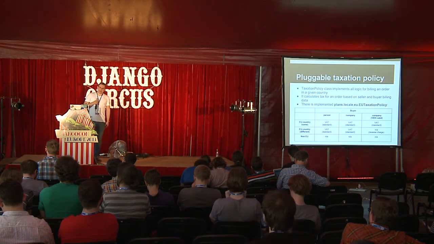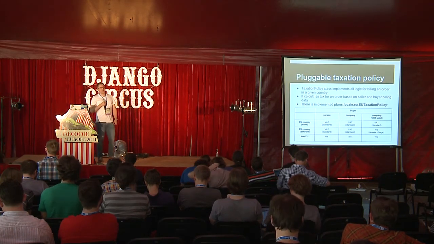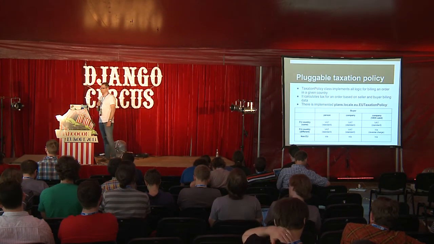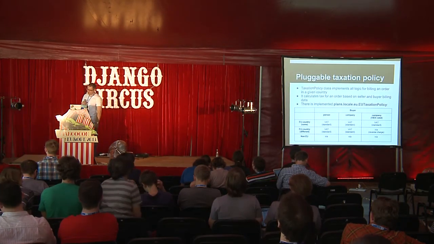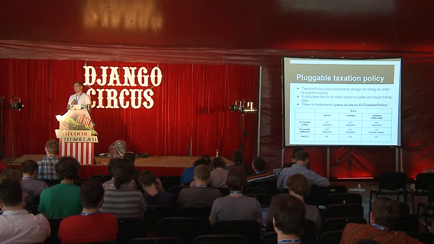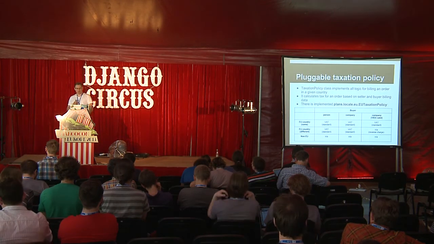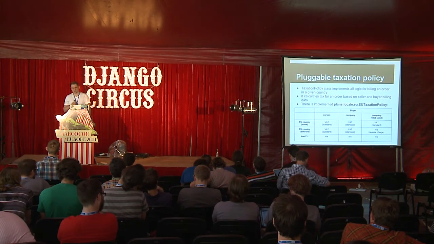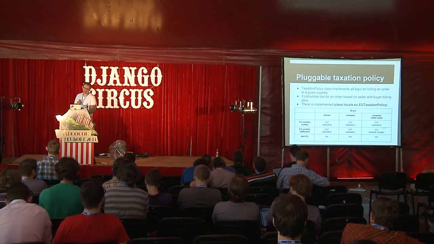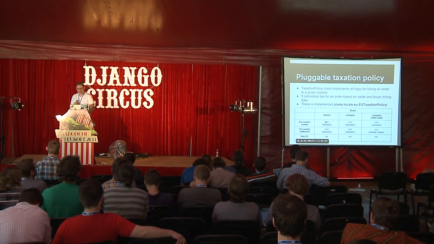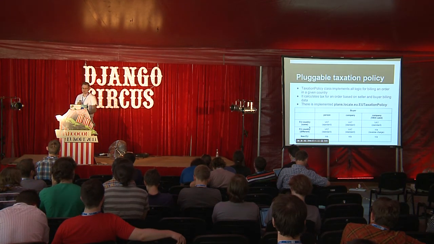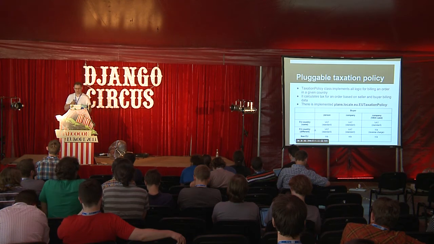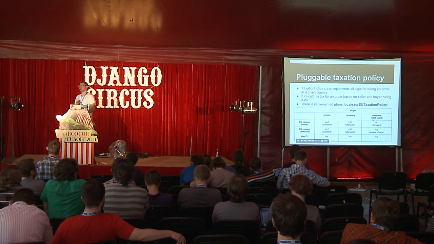And a pluggable taxation policy, because this is the second very hard thing to solve. If you are a company in the European Union, there is a taxation policy that says you can put tax on persons and companies if they are in the same country, but if they are from different countries, you need to check the VIES system.